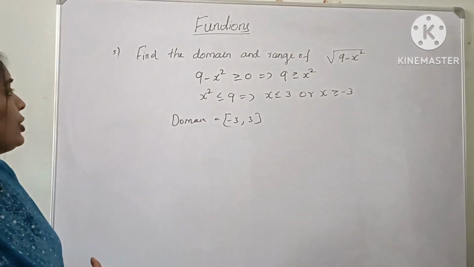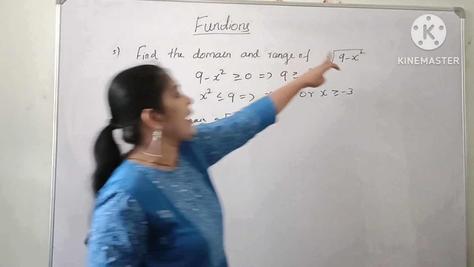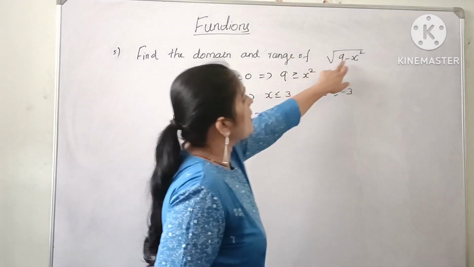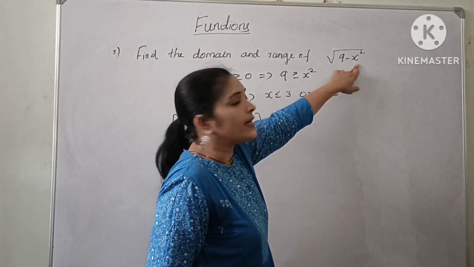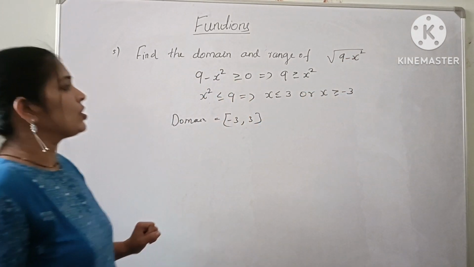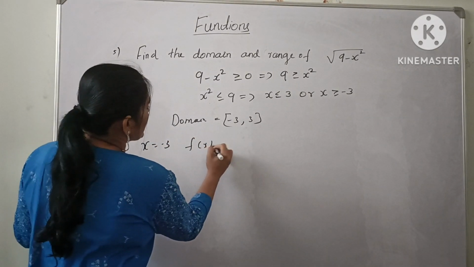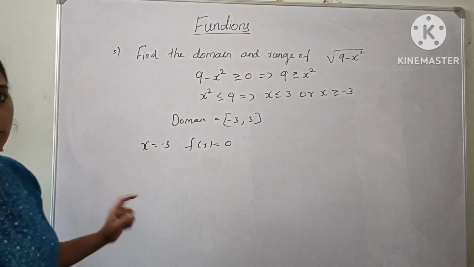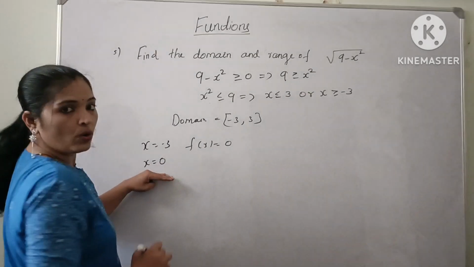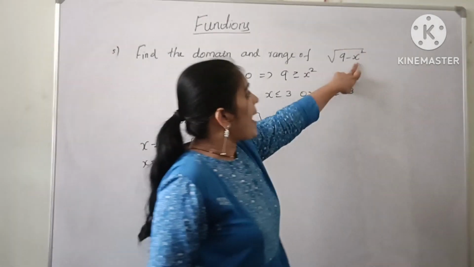Then what is the range? See, first let us substitute minus 3 in x. Okay, so square root of 9 minus 3 square, that is 9. Okay, 9 minus 9, 0. So when x is equal to minus 3, f of x is square root of 0, 0. Next, substitute x is equal to 0. What will you get?